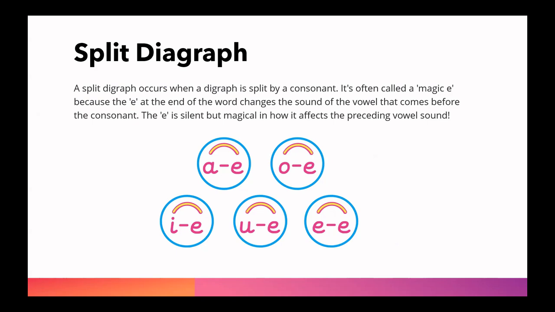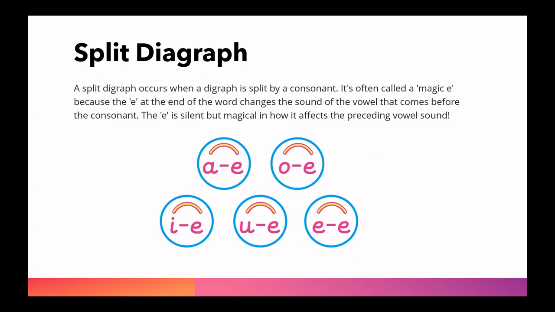So for instance, we have the A and the E with the dash in the middle. Now that dash in the middle just tells you that there's supposed to be a consonant in the middle there. But the split digraph makes one sound. Okay, although you have the consonant splitting the word in the middle, they make one sound.